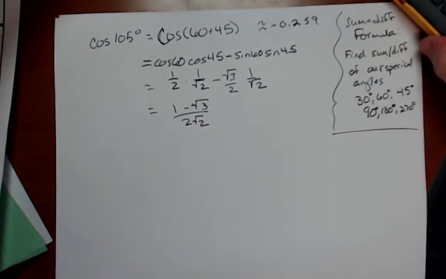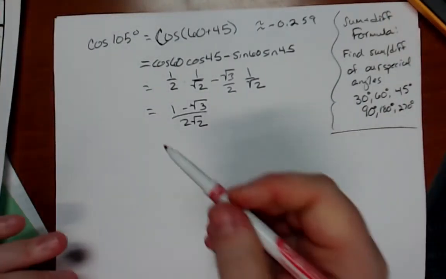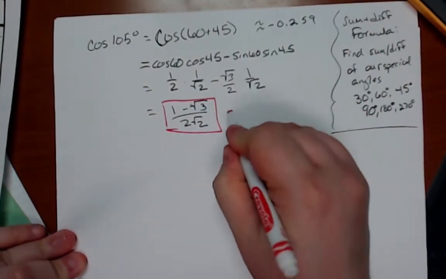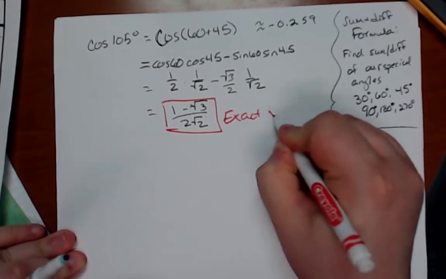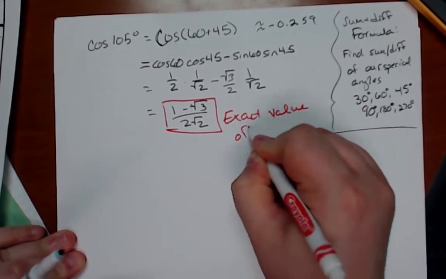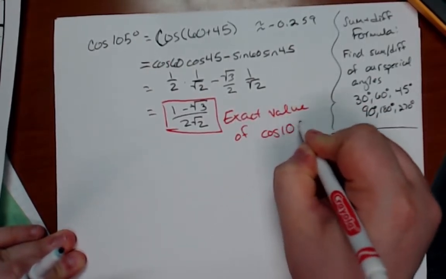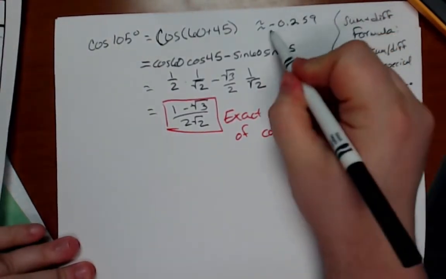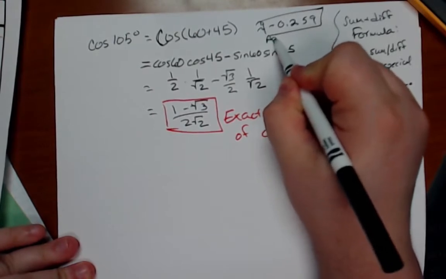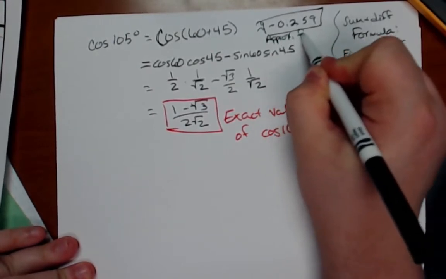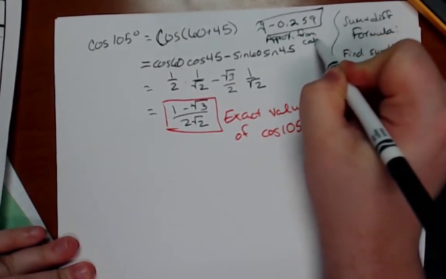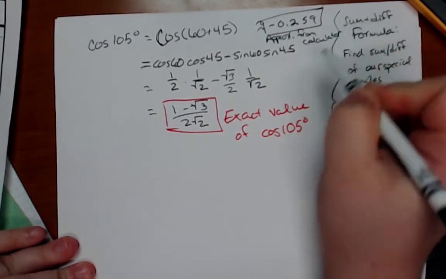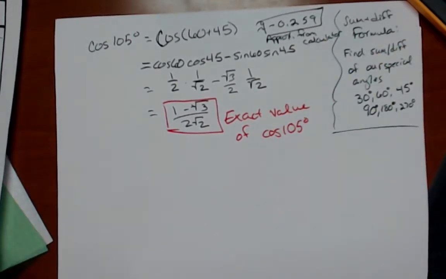But again, the value in this is that we can get the exact value of cosine of 105 degrees. This is our approximate value from the calculator. But this is our exact value.